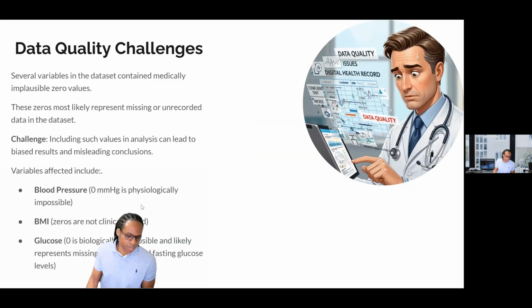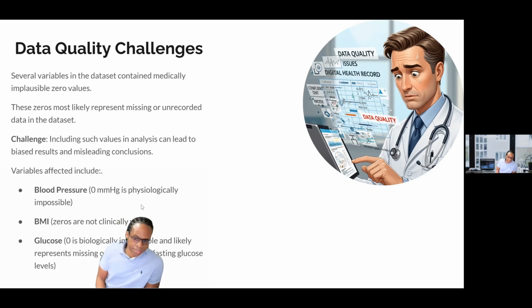Some of the key things we had to keep in account when we were analyzing the data were some of the data quality challenges that we would encounter. Several variables we noticed as we scanned the data set contained medically implausible zero values. One of our first methods was to ensure that we removed those values and made sure that we could prevent the need for these values to cause biased results and misleading conclusions.